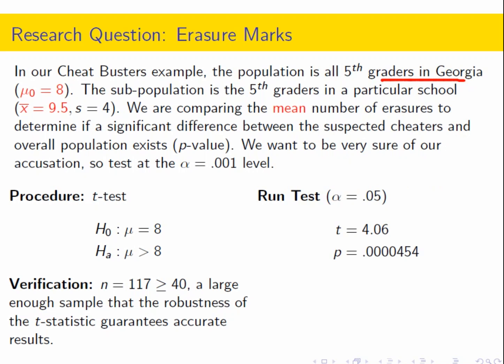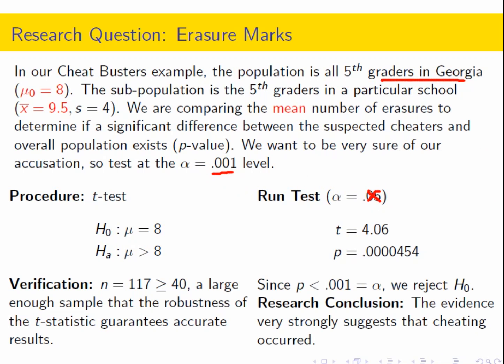And here you go. There is the p-value that is much less than alpha. Sorry again about this. And since p is far less than alpha, we reject the null. And we have very strong evidence that there was cheating going on.